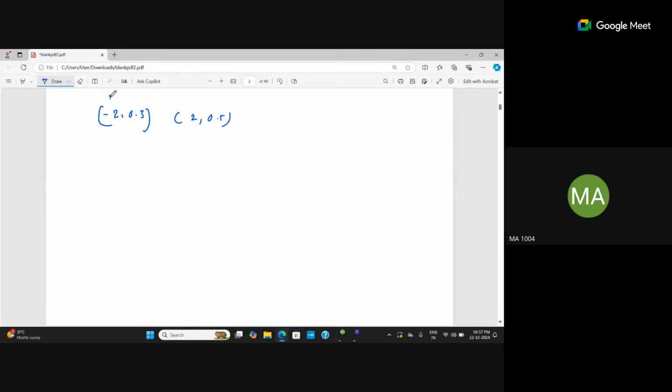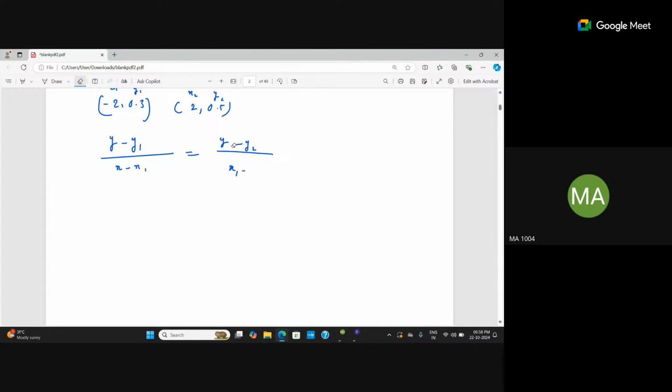So suppose this is your x1, this is your y1, this is your x2, and this is your y2. First of all you need to find the equation of the line. So the formula is (y minus y1) divided by (x minus x1) equals (y2 minus y1) divided by (x2 minus x1).